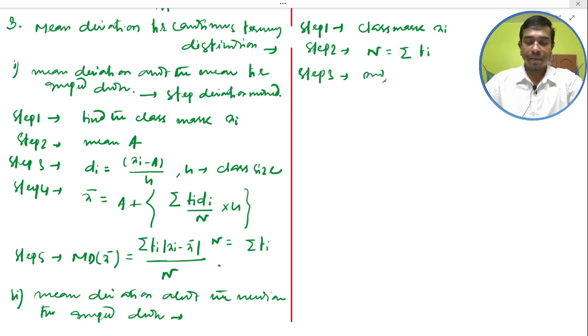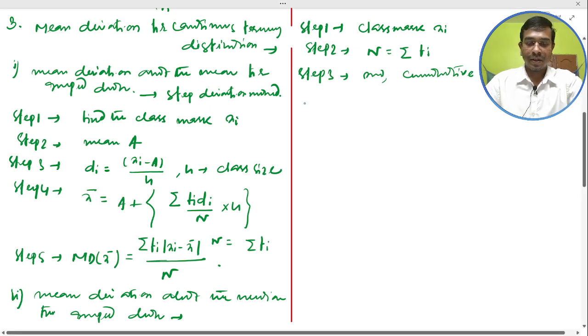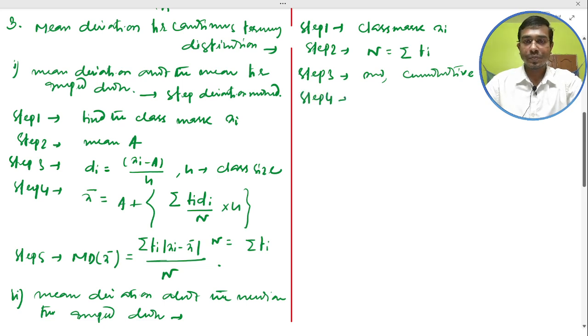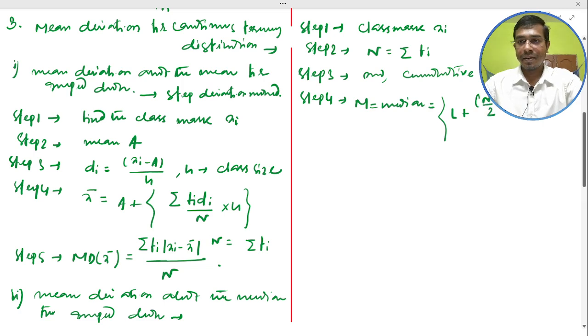Step 4: calculate the median M by the formula M equals L plus (N by 2 minus c) divided by f, into h.